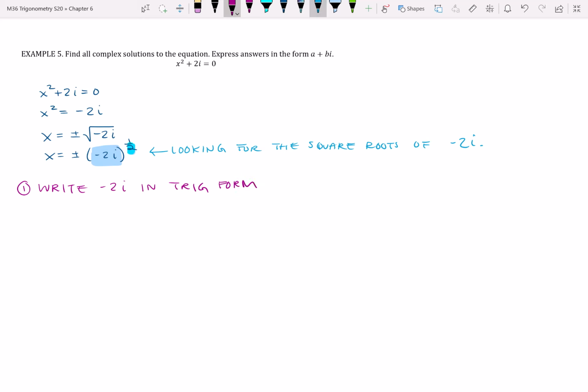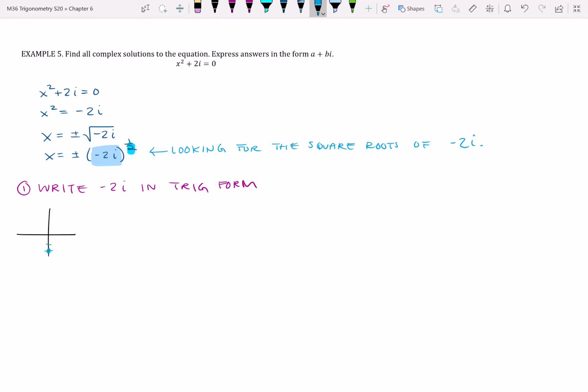Since this here is very nice, it's only the imaginary part, it's going to be easier for us if we actually just plot it, because negative 2i is going to be just on my vertical axis here. And so negative 2 is just going to be down here. That's my point right there.